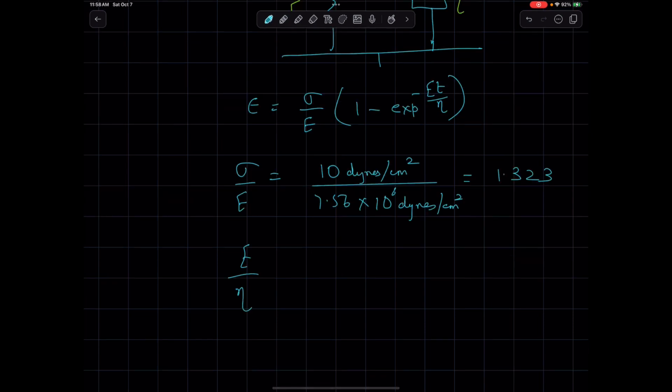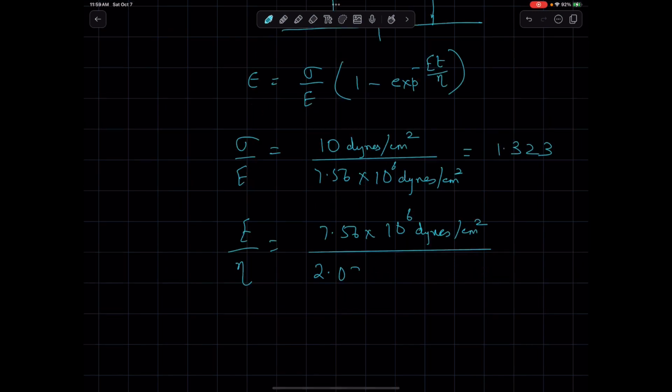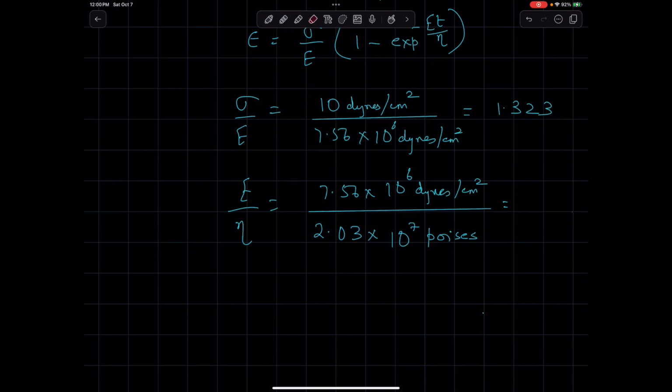E over eta equals 7.56 times 10 to the power 6 dynes per centimeter square over 2.03 times 10 to the power 7 poises, which is 0.372 per second.